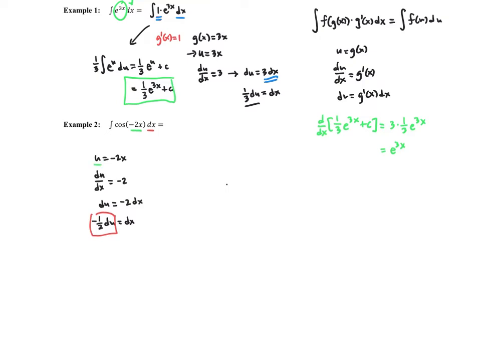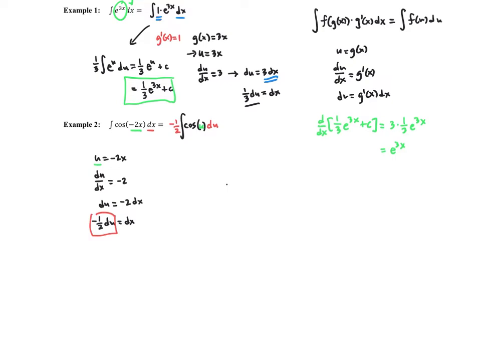So transferring this into a form in terms of u instead of in terms of x, I'm going to bring my negative 1/2 out in front. I'm going to have my du hanging out on the back end of things, and I'm going to rewrite this as the cosine of u.